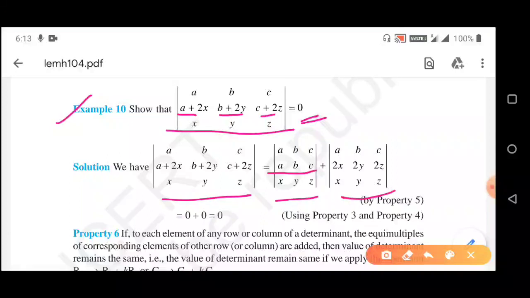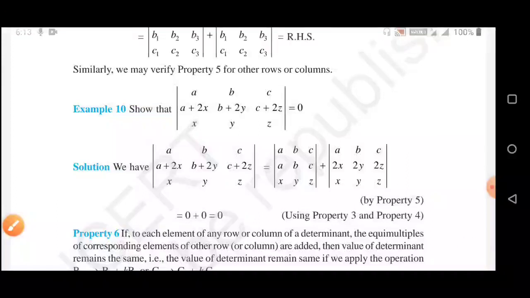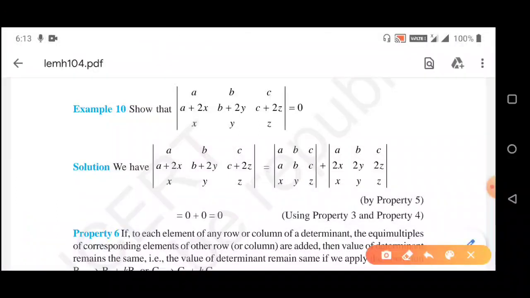In the other determinant we can write 2x, 2y, 2z. Now see from here, these two rows are identical, and we know if in a determinant any two rows or columns are identical, then the value of the determinant will be 0. So this is 0.